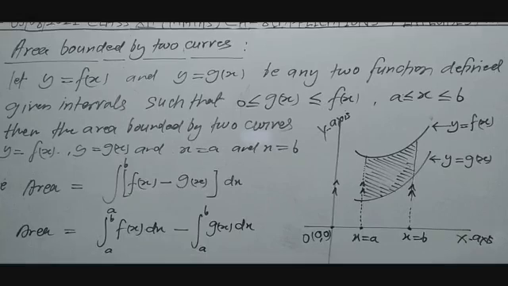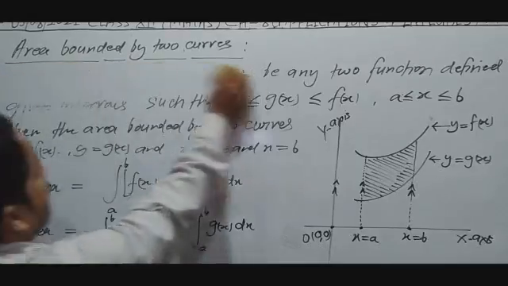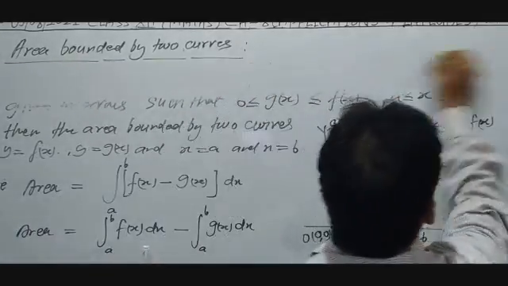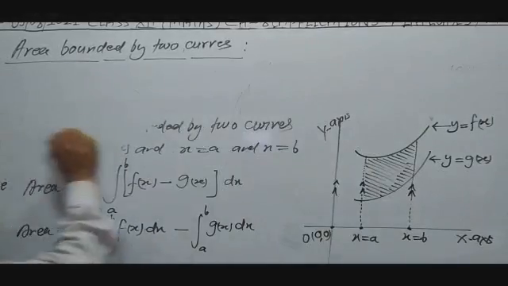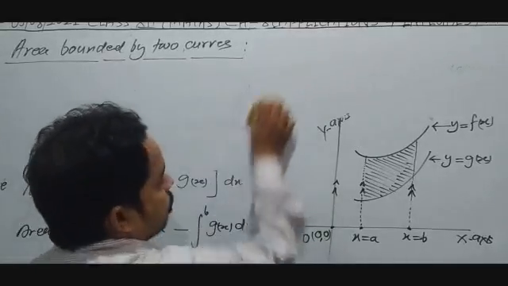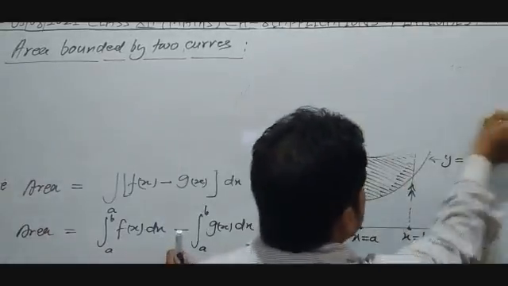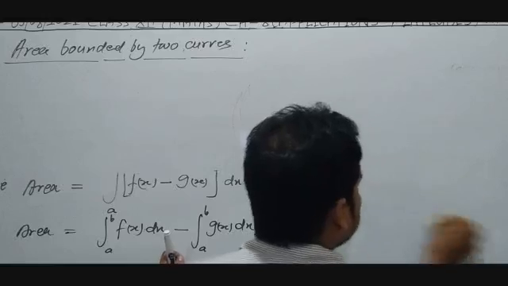Similarly, we can write the area bounded by two curves with respect to dy, means you have to draw the projection or perpendicular from the curve on the y axis.